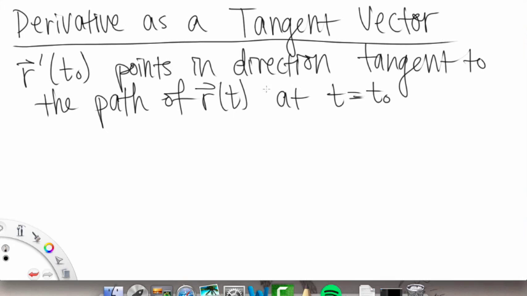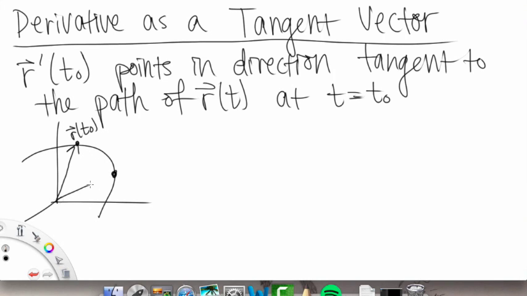So this is what it's saying. This is where it comes from. Let's say you have some function, and it goes like this for some reason. Here's r of t naught, the point r of t naught. And let's say you have another point over here called r of t naught plus h, so we added an h in for the t value.